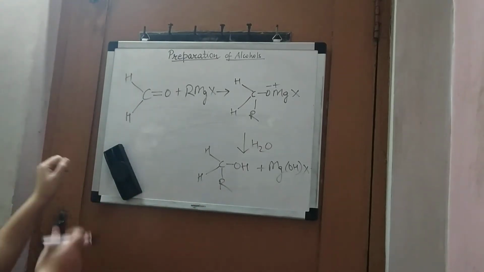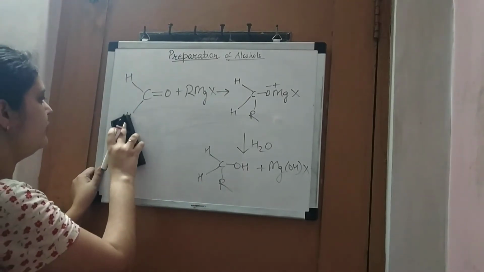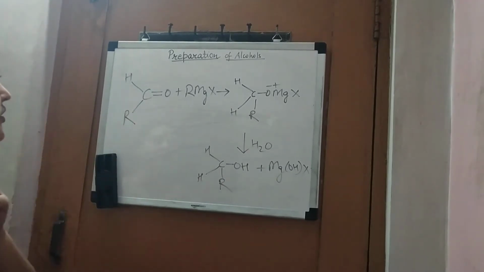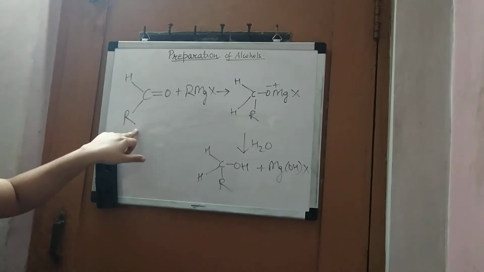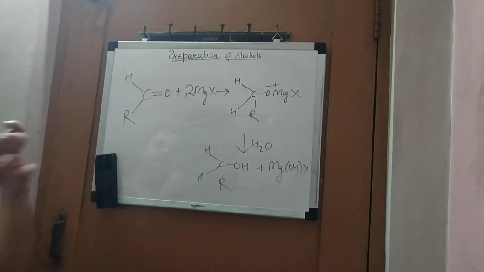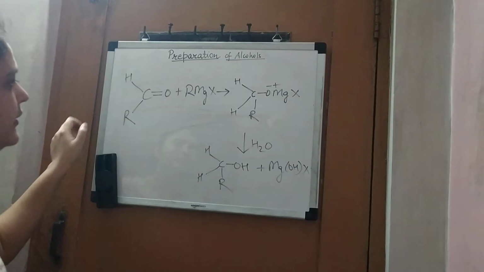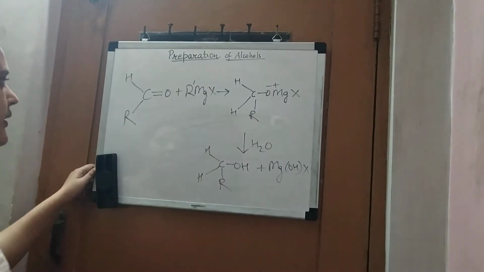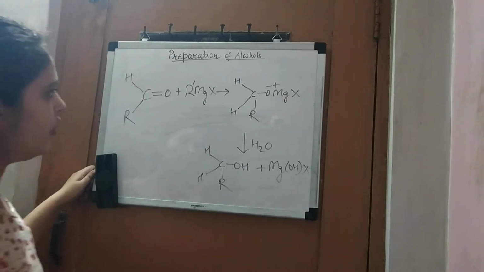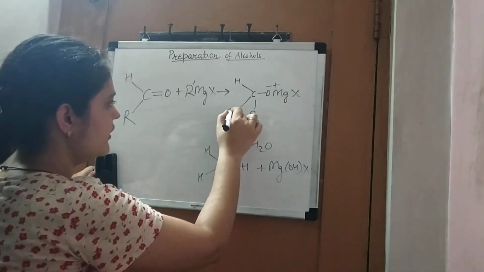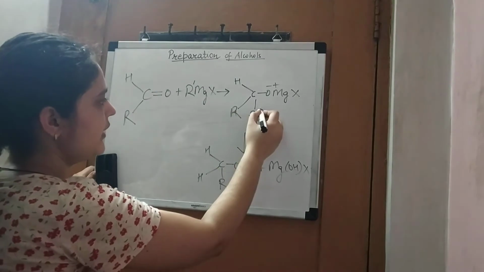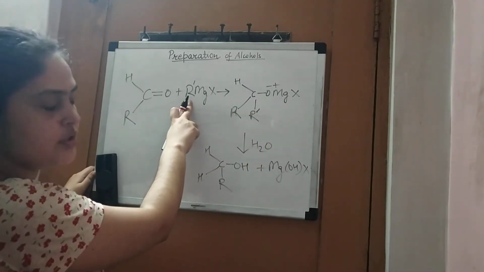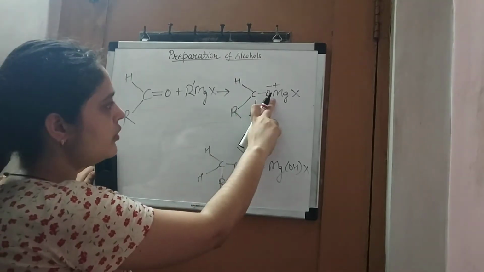Now if it is some aldehyde other than formaldehyde, where some R group is attached, and you are adding R' MgX, this alkyl group is different from the other alkyl group. So what will be formed? The R group stays, and this R' group is coming from the Grignard reagent, and MgX will attach to the oxygen atom.